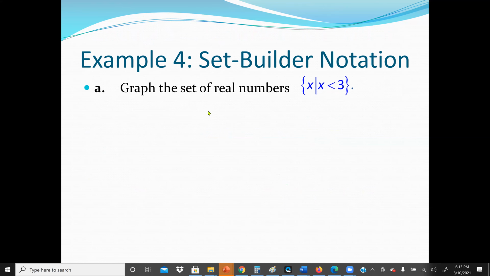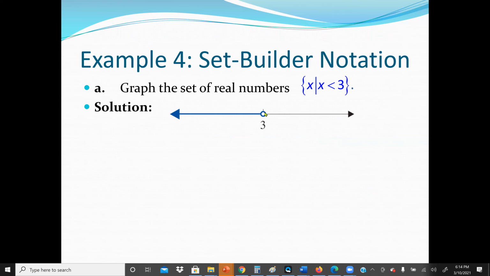The next is set builder notation. Here they say we should graph the set of real numbers. When we write x such that x is less than 3, it means we are going to have x values from any value up to 2.999, not 3. To graph this, we put a circle with a hole to the left, because all the values to the left are less than 3.